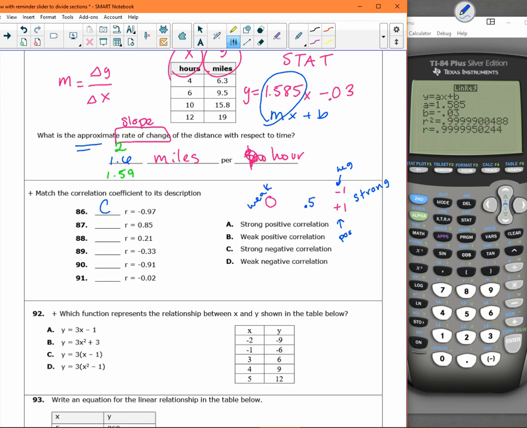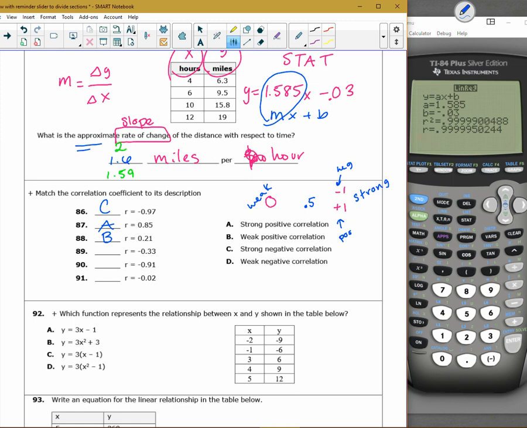Okay, so again, that's positive, and it's greater than 0.5. So this is a strong positive correlation. So A. R equals positive 0.21. So positive, and 0.21 is less than that 0.5, so that means it's going to be weak. So a weak positive correlation, which is B.